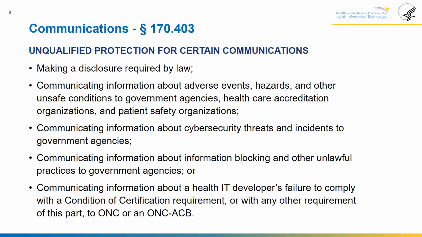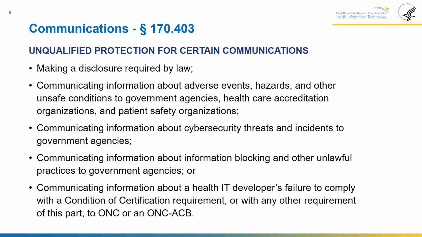And just to talk briefly about the ones you see on the screen, we identified through the rulemaking that there were certain communications that we thought were so important, for a lot of the reasons you see on the screen, that they are related to potential safety issues and cybersecurity threats.